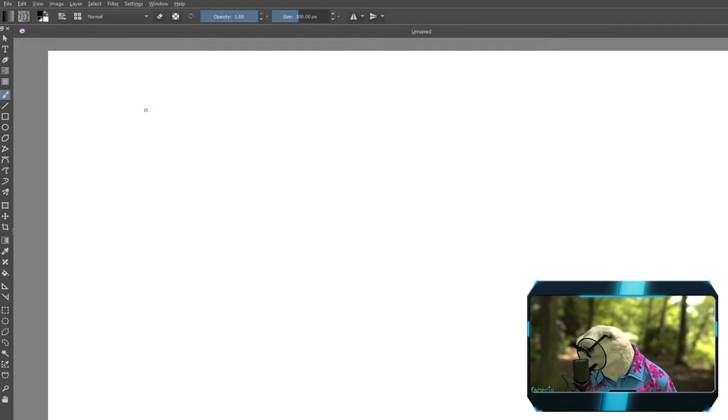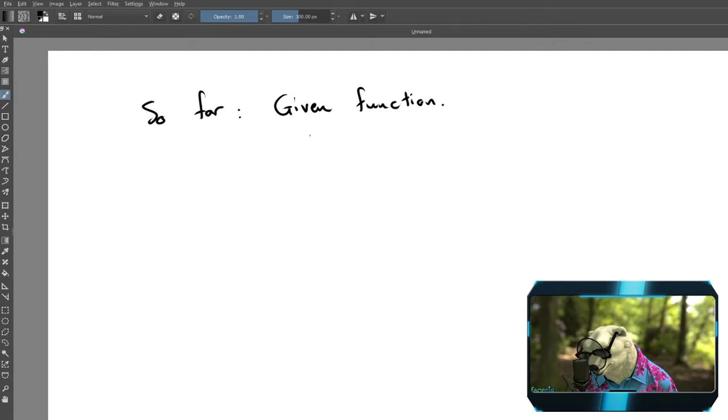So far, let's say we are given a function, and let's suppose it is f of x, and we don't have to make it too complicated. Let's say x cubed plus 4x.